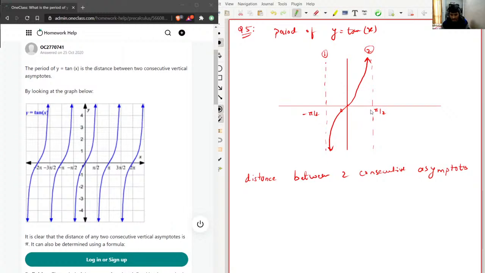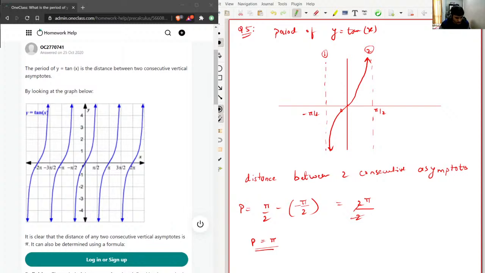So I'll find the difference between these two. This is pi over 2 minus negative of pi over 2. This is the period, and this will be 2 times pi over 2, so this will become pi. So the period of y equal to tangent of x is the distance between two asymptotes, and that is nothing but pi.